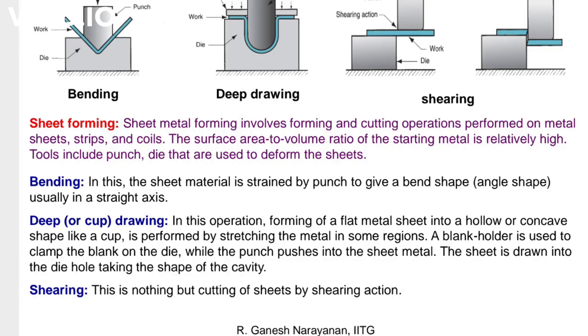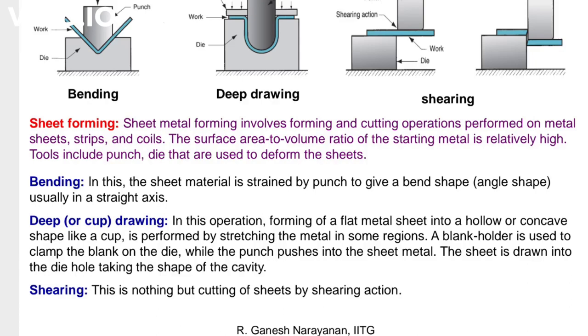The surface area to volume ratio of the starting metal is relatively high. Tools include the punch and die that are used to deform the sheets.